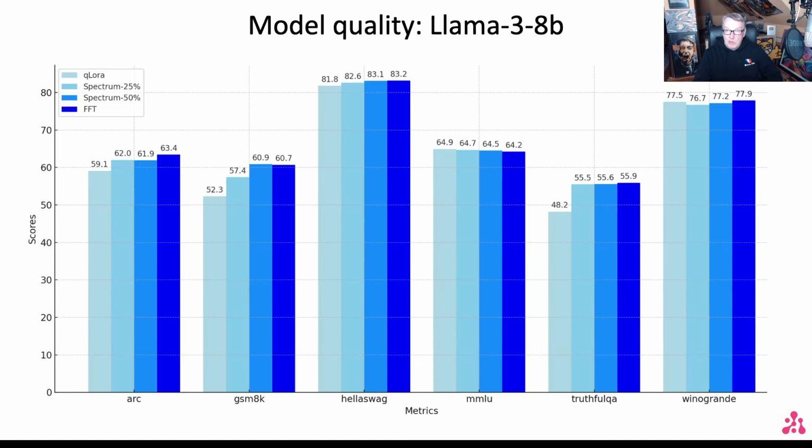Same benchmarks for Llama-3.1-8b, and I would say very, very comparable results. We can see that Spectrum 25 is extremely competitive with FFT on most benchmarks. And again, on GSM-8K, we see QLoRA doing a terrible job, unfortunately, and Spectrum doing better than FFT.